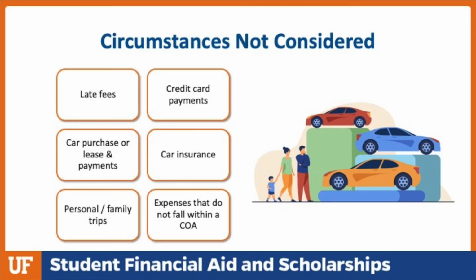Circumstances that we cannot consider include late fees, credit card payments, car insurance, car purchase or lease payments, personal family trips, and expenses that do not fall within the educational cost of attendance.